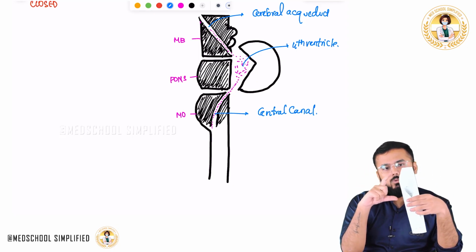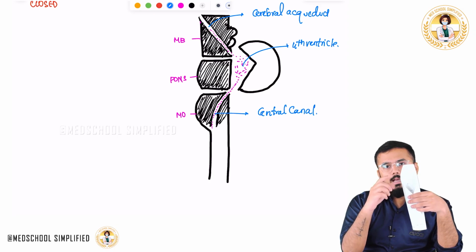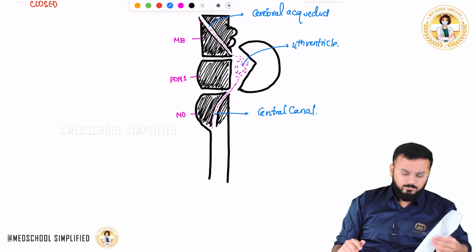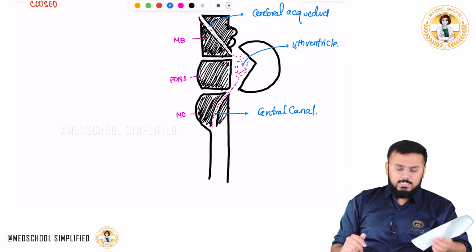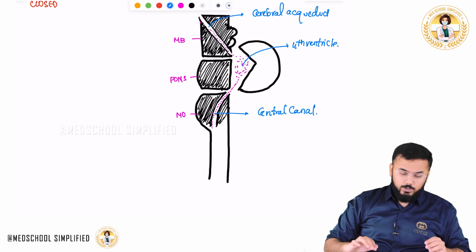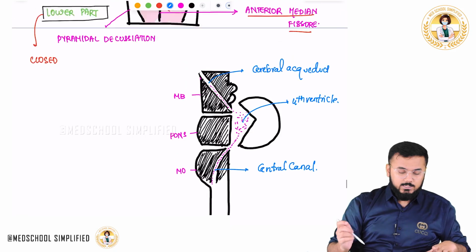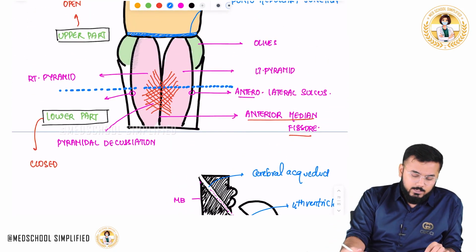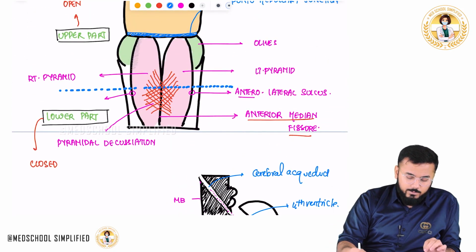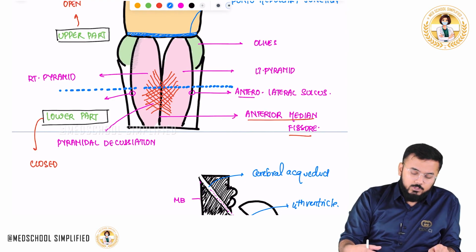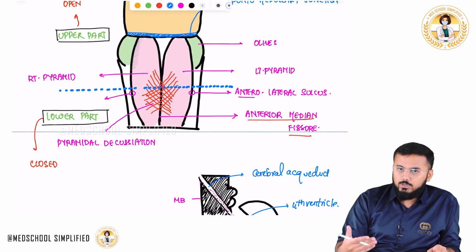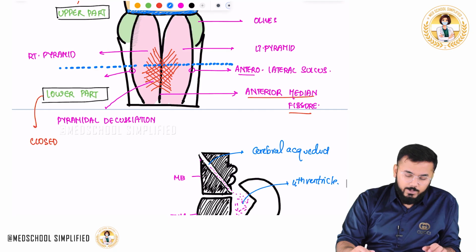So that is why you call this upper part the open part. This is the central canal. So the upper part is called the open part and the lower part is called the closed part, right? When I discuss the picture from behind, it will be much better for you.